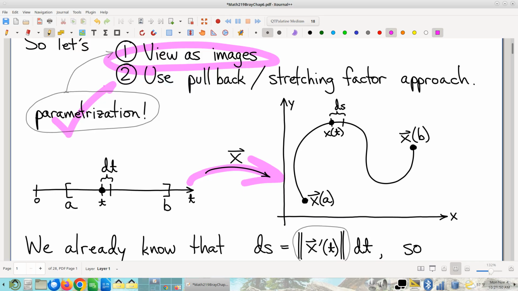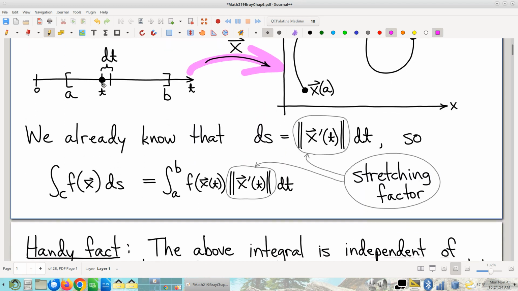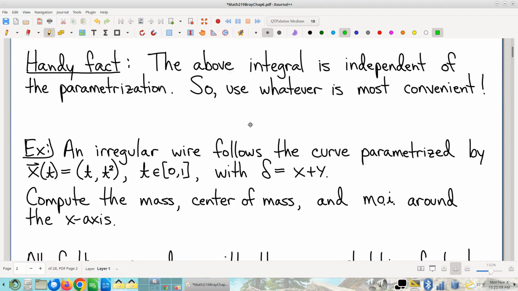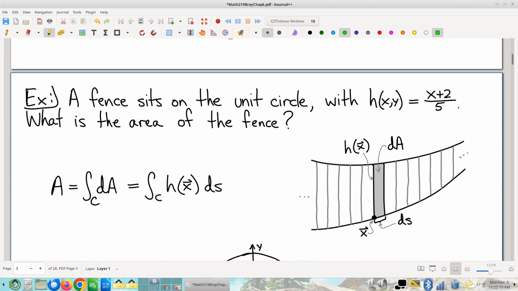Parametrizing, literally, views that as being an image. And then again, detail, stretching factor, and so on. And so we now have a computationally convenient formula for how to compute these new kinds of Riemann sums that we just created. And then we did several examples.